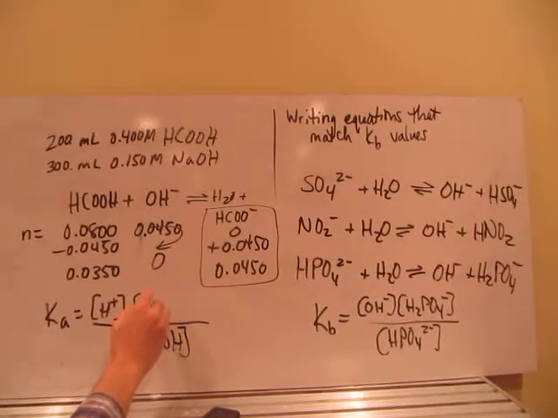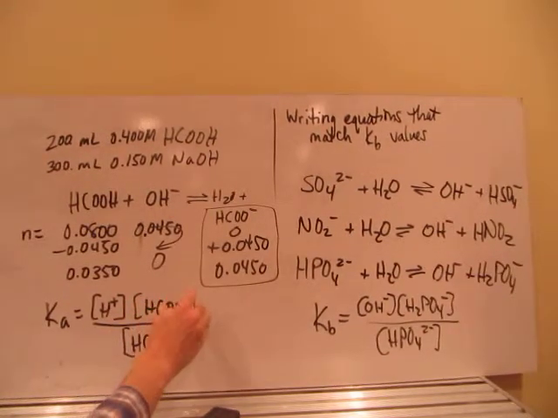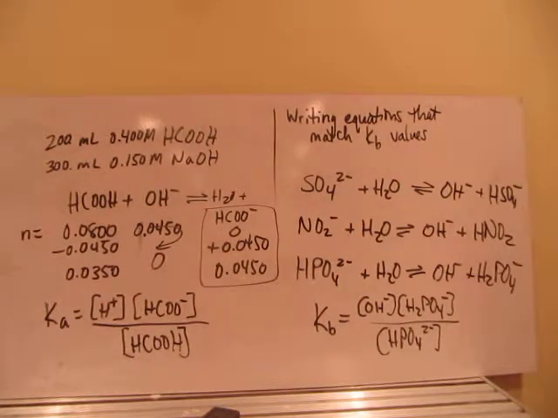And I'd have the weak base in the numerator. So that's my Ka expression. I could just rearrange this. So Ka times the concentration of formic acid divided by the concentration of formate equals the H plus concentration, and then you can take the negative log of that.